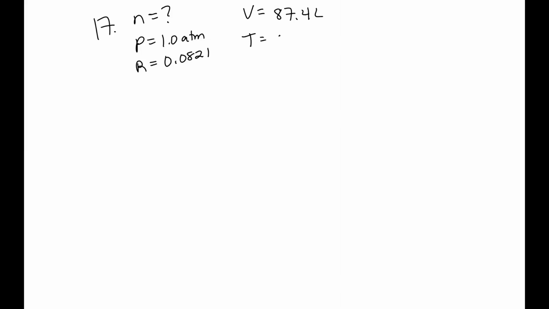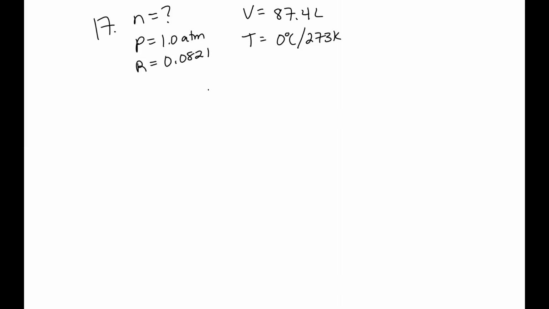So in this one, we're looking for our N, and we have our pressure, which is 1.0 atmospheres, which means we have our R value, 0.0821, and we have our volume, which is 87.4 liters, so PV and R, and our temperature, which is STP, which is 0 degrees Celsius, or 273 K.